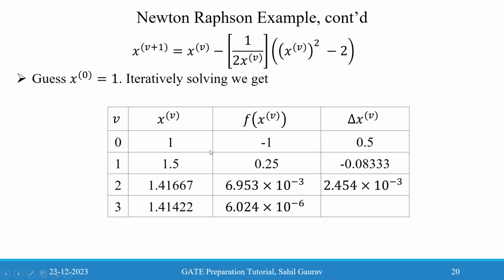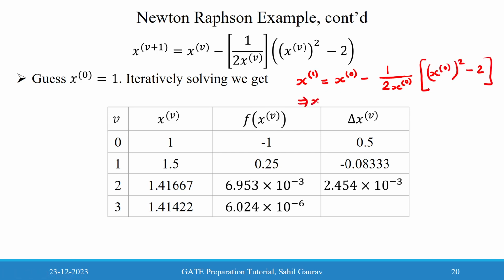So what value will we get? x1 will be x0 minus (x0 square minus 2) divided by 2x0. Whatever value we considered as the initial guess, x0 is 1, so 1 minus (1 minus 2) divided by 2.